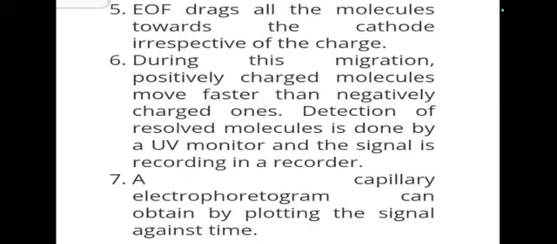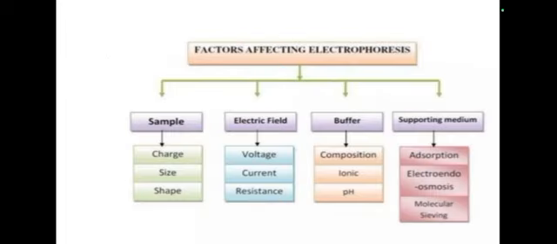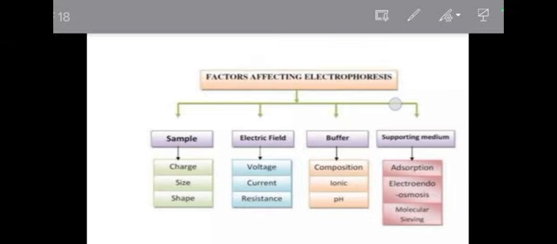Next, the procedure, which has 7 steps. Next, the factors affecting electrophoresis. There are 4 factors: sample, electric field, buffer, and supporting medium, covering charge, size, shape, voltage, current, resistance, buffer composition, ionic strength, pH, adsorption, electroosmosis, and molecular sieving.